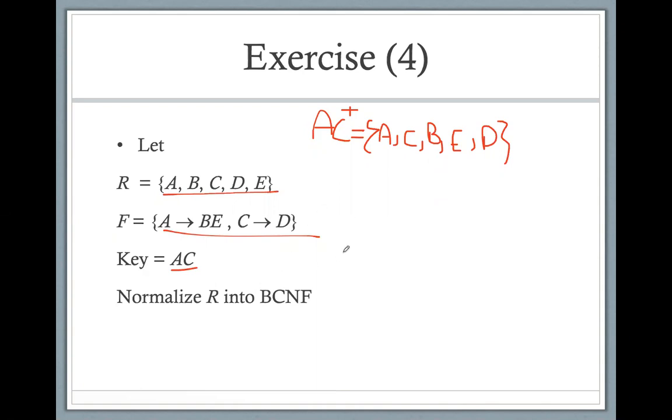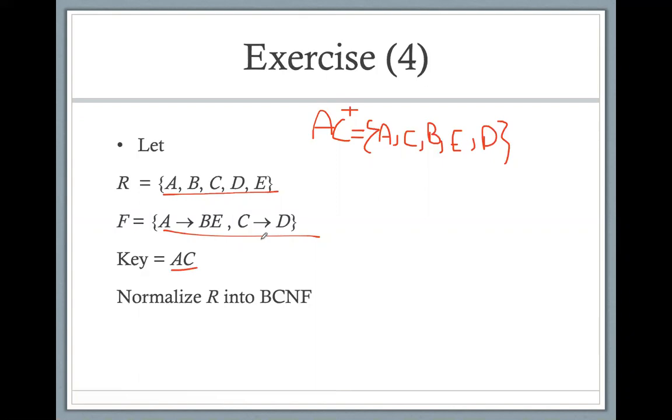Now the question to you is, is this relation in BCNF? How do I know this? I look at the functional dependencies that I have and check if they satisfy BCNF. It means that I check every functional dependency and check if the left-hand side is a super key.